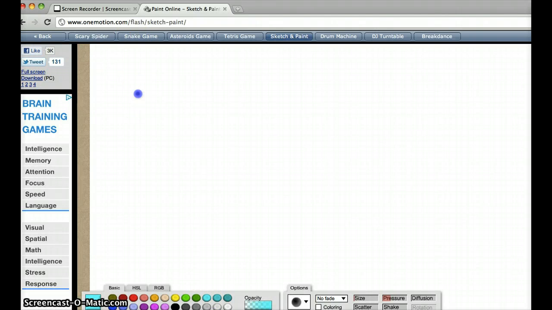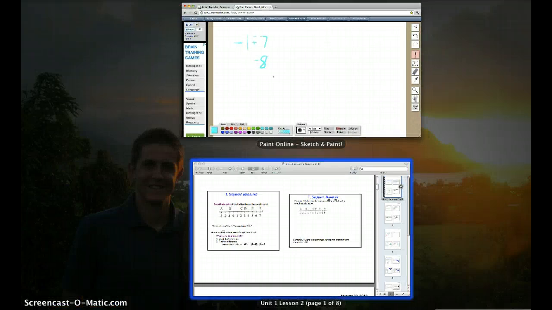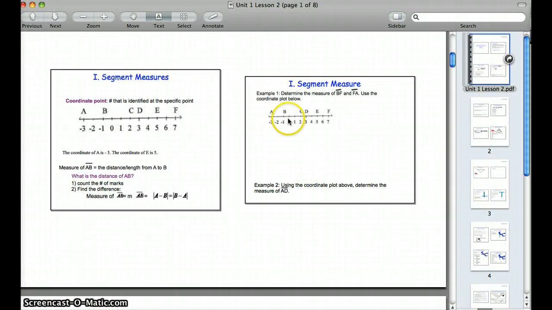Now we subtract and add our negative, so it's going to be -8. If we count, it should be 8 distances away. So let's count: 1, 2, 3, 4, 5, 6, 7, 8. We are correct.